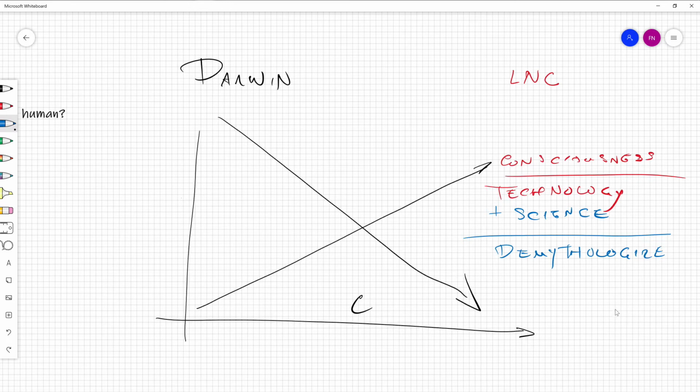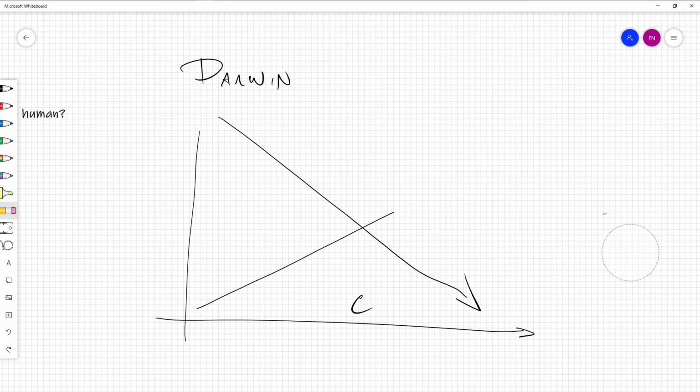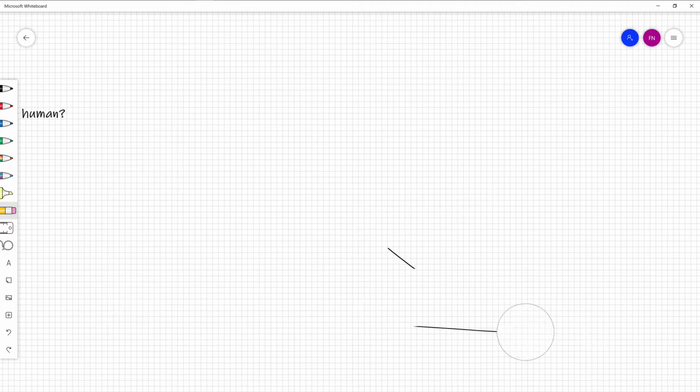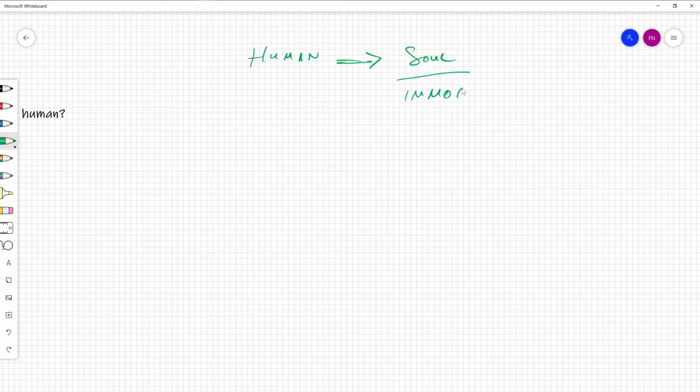So, I'll give you an example. In the world prior to Darwin, let's go back to the first century of the Common Era, there was absolutely no doubt, at least in Christian culture, absolutely no doubt that to be human is to have a soul, that the soul was immortal and linked to God.